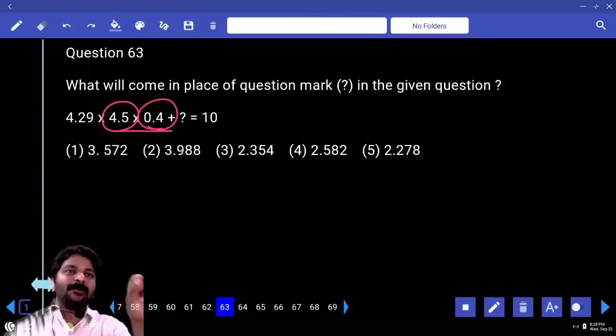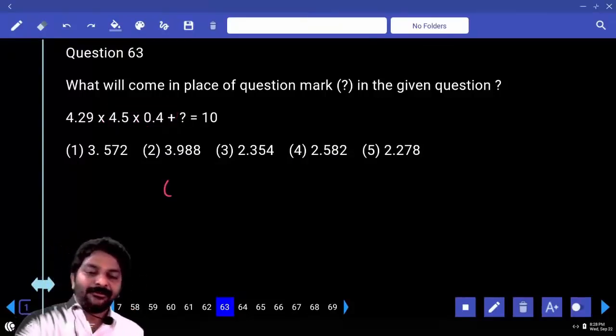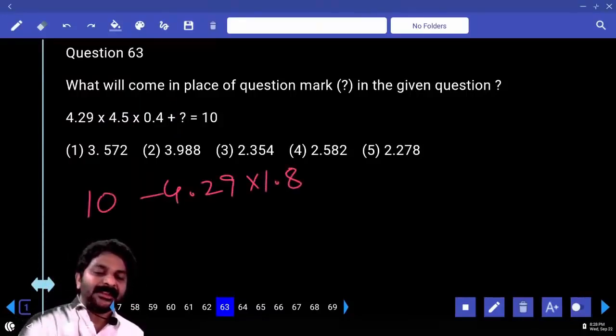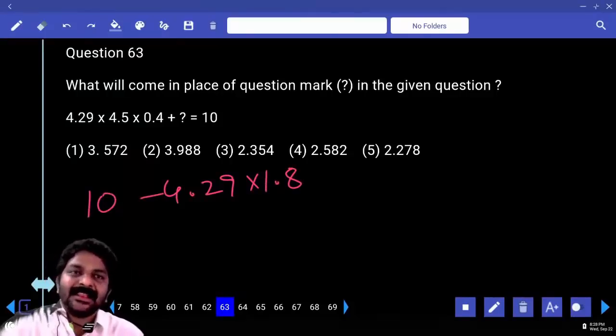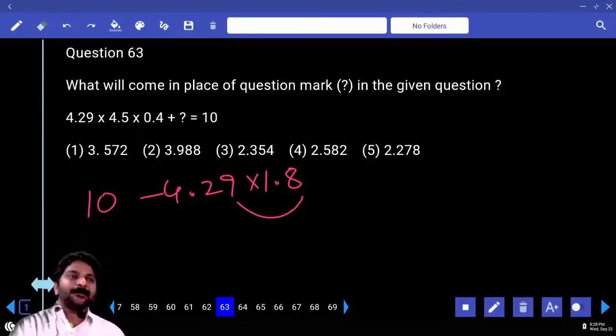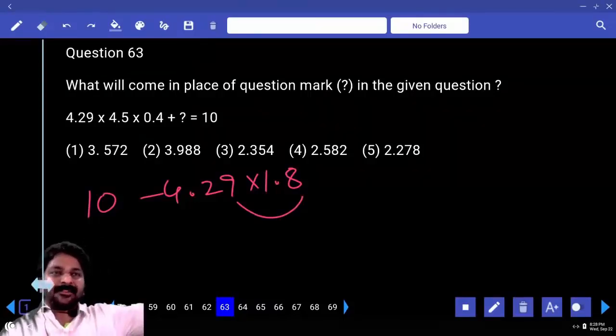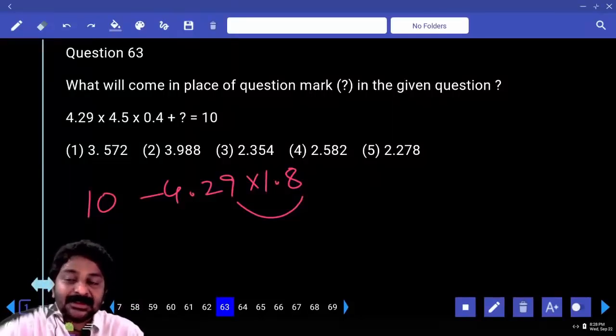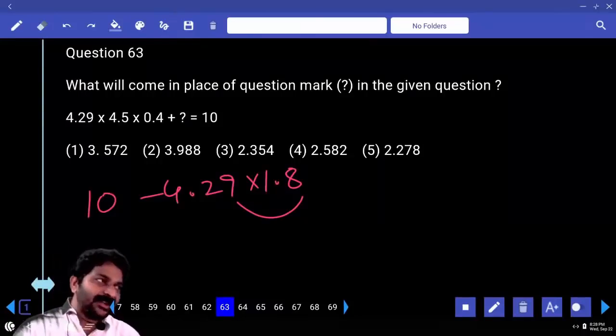So that means 1.8. 4.29 into 1.8. This must be subtracted from 10. That is our final answer, correct? Last digit verification. 8 into 9 ends with, when 2 is subtracted from 0, the answer must end with 8. How many options are there? 2 options, either second option or fifth option. Hence we have to calculate this.